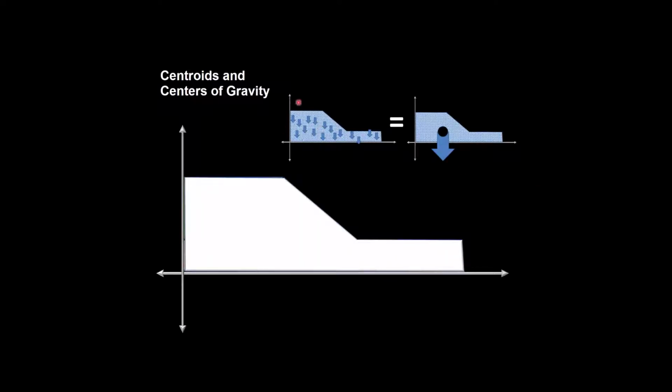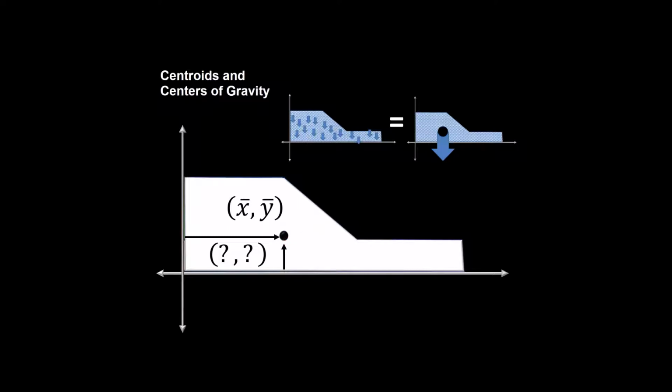So we're going to try and add all of these little individual forces together into just one force, and then we also have to find the point that that equivalent force is acting on. So it feels like everything is added together to just one force at one point. This would be a concentrated load. So we're going from a distributed load to a single concentrated load, and it's just a way to simplify our system. So where is this point?